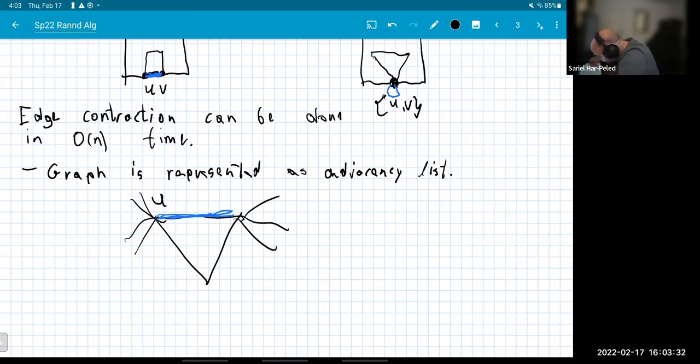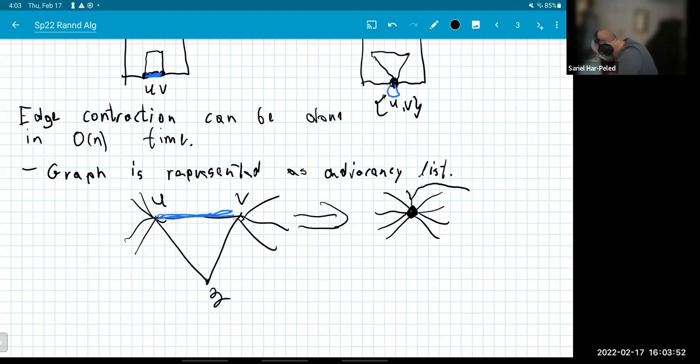So this is U, this is V, let's call this Z. After the contraction, this is going to look something like that, right? The edge is UV. This new vertex is UV, right? But now we have this edge with Z, but it corresponds to two edges. We had two edges collapsing into it.